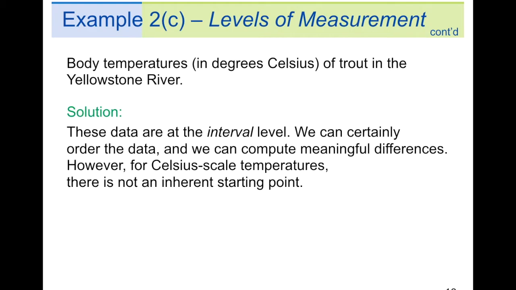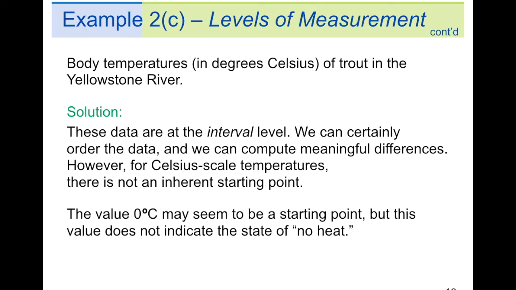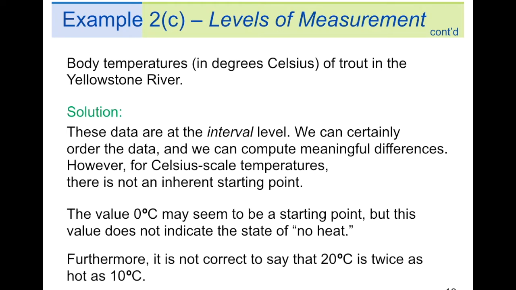It's not no. So it's going to be interval, because 0 degrees Celsius doesn't mean there's no heat. You can have negative degrees Celsius. So you can't say 32 degrees Celsius is twice as much as 16 degrees Celsius because there is no true 0. Or that 20 degrees is twice as hot as 10 degrees Celsius.